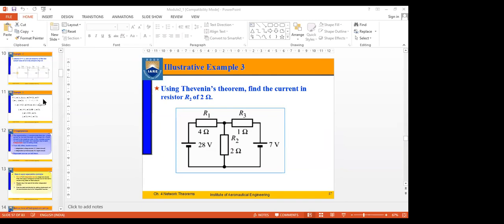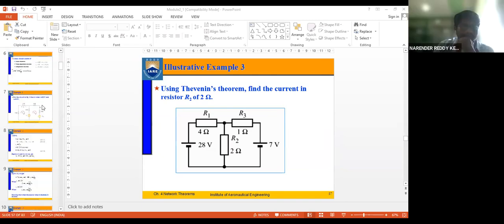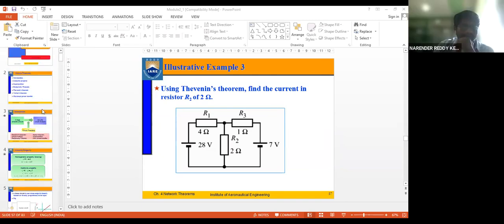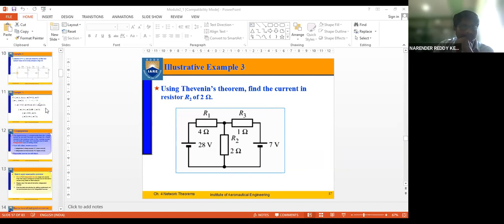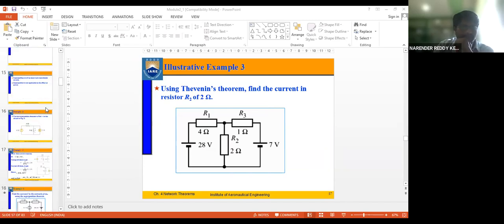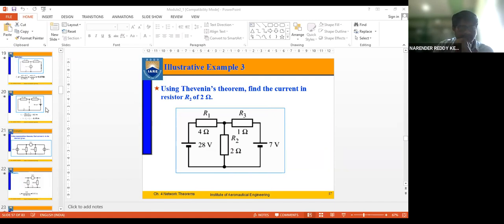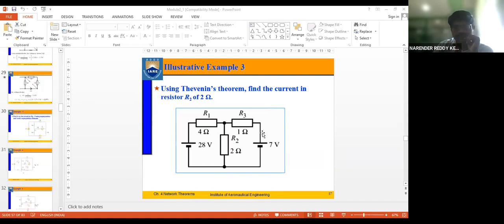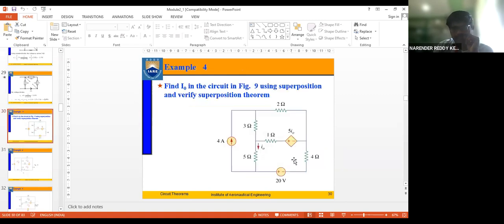Yeah, the last circuit in the superposition theorem examples. So I'll just give the hint how he has done it, and we will see whether that can be done here or not. Fine.